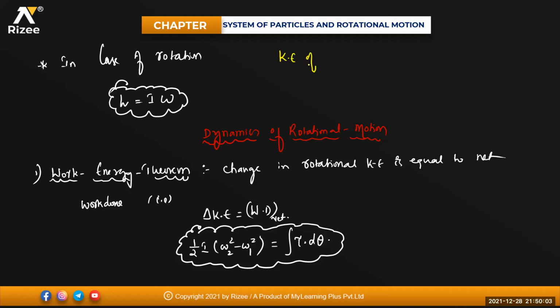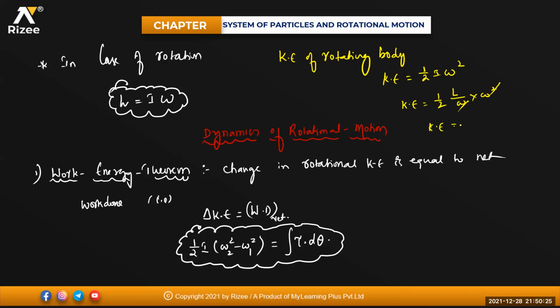Kinetic energy of a rotating body is equal to half I omega square. This can also be written as half into I, where I can be written as L by omega, into omega square. This omega square and that one will get cancelled.